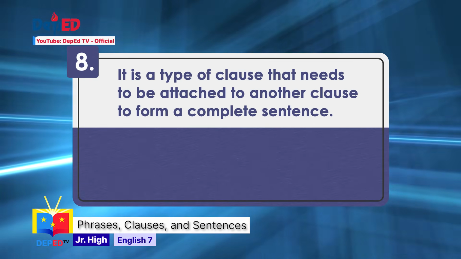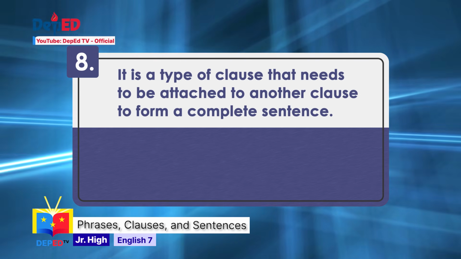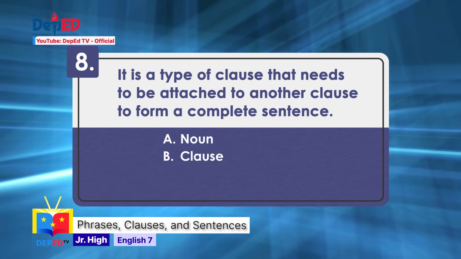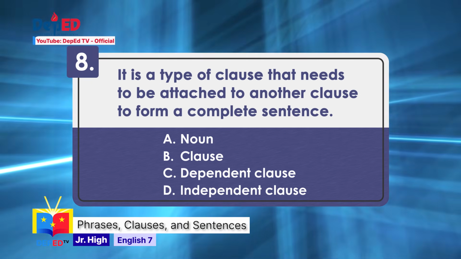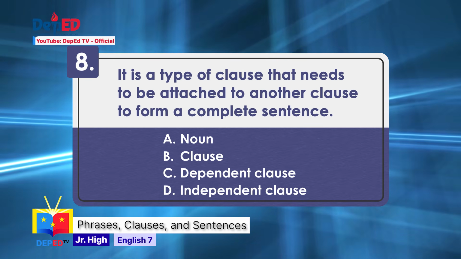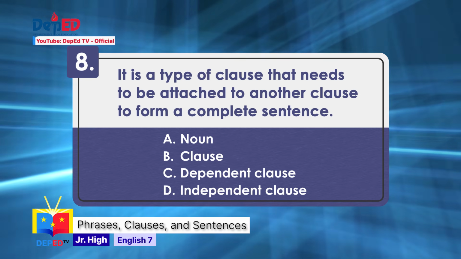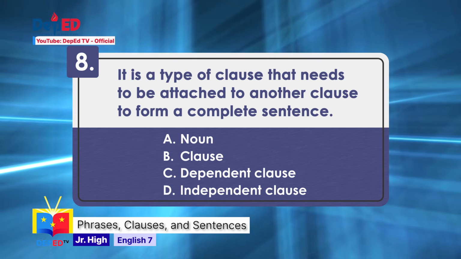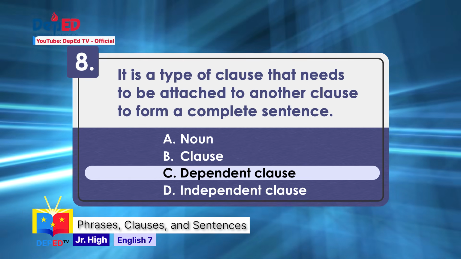It is a type of clause that needs to be attached to another clause to form a complete sentence. Letter A, noun, letter B, clause, letter C, dependent clause, or letter D, independent clause. And the answer is letter C, dependent clause.